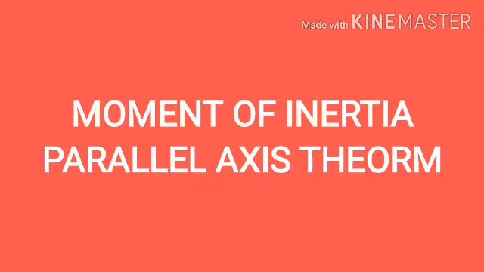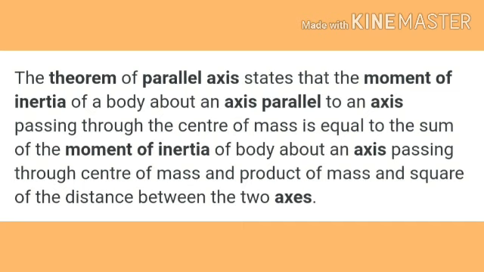Moment of inertia, parallel axis theorem. How can we define it? The moment of inertia of a rigid body about a particular axis is equal to the moment of inertia about another parallel axis plus the product of the mass of the body and the square of the distance between the two parallel axes.